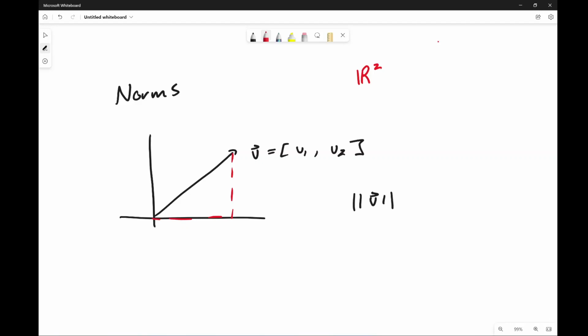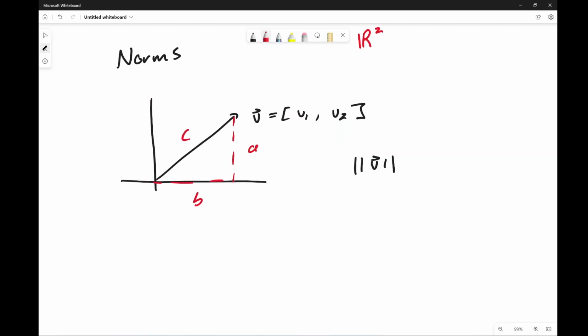Let's say A, B, C. If we want the length of this vector, which is C, all we need to do is find A squared plus B squared, and then take the square root of this, which is equal to C. This is going to be positive, and we're just looking for length, which is going to be a positive value.